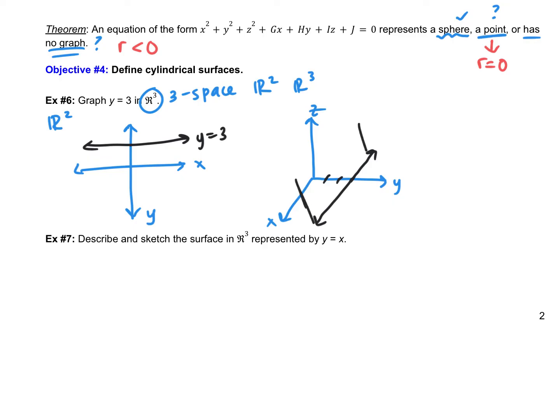So this is going to be not my best drawing. I'm not a great drawer. But if you can imagine, we have a plane.